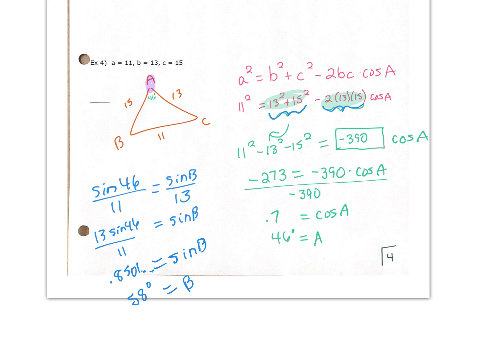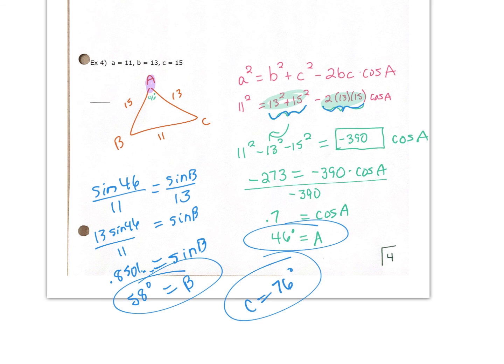And then we're going to subtract from 180 to get C. Yowza, sorry about that. C, what do we get? 76. Okay. Awesome. Okay, it does not matter, Katie, you were asking, once you've found angle A, if you go find angle B first or C first, that's not going to matter.